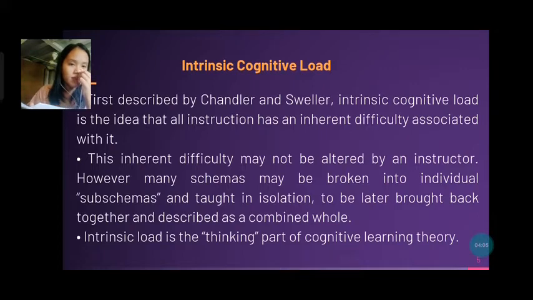So intrinsic load is the thinking part of cognitive load theory, the level of difficulty. Have you ever noticed that some content is easy to learn while other subject matter is difficult?